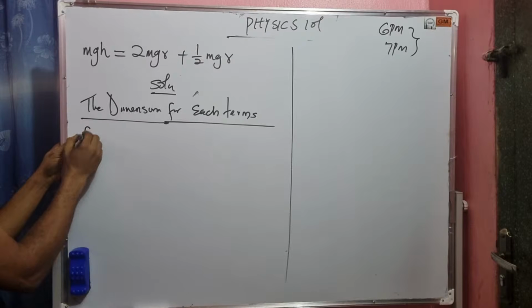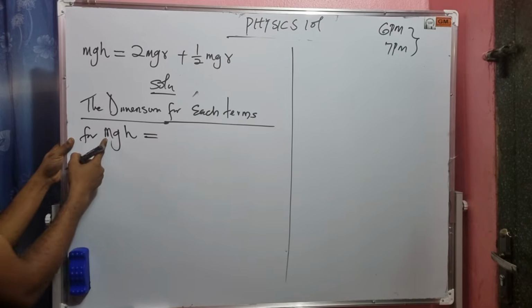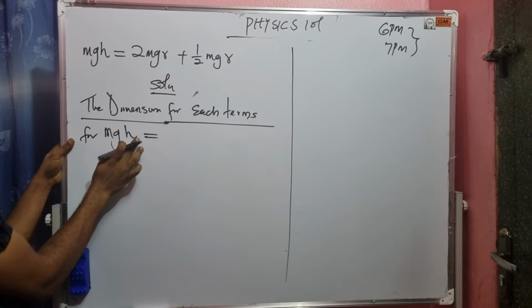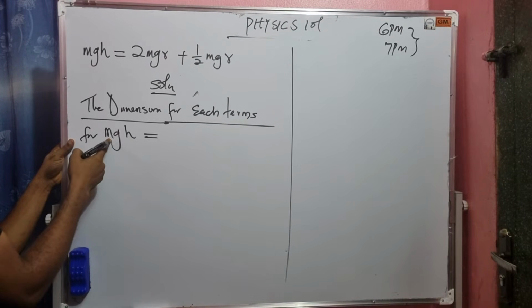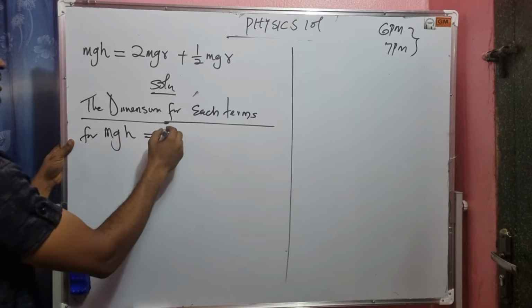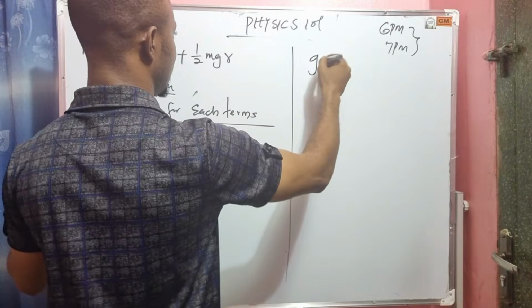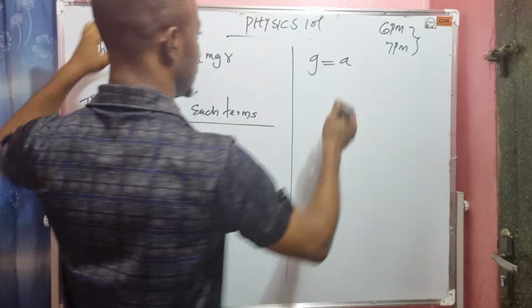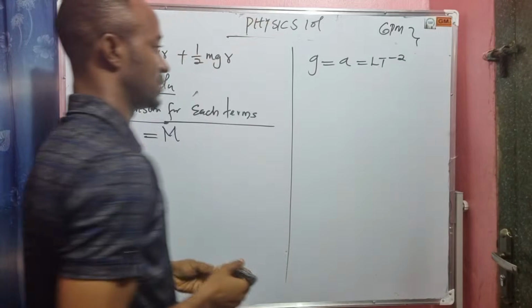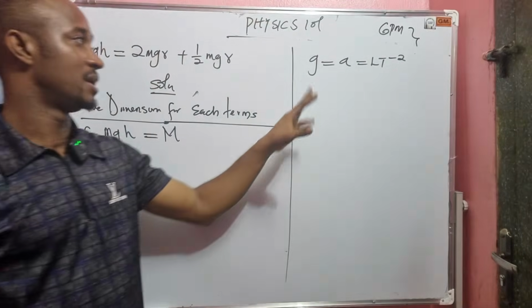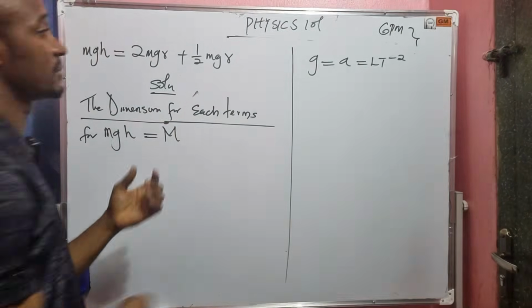Now for each term, the first one there is mgh. This is mass, this is our gravity, this is height. So for mgh, the dimension for mass is capital letter M. Dimension for gravity: acceleration due to gravity has the same dimension as acceleration, which is LT minus 2, because both of them are actually acceleration.